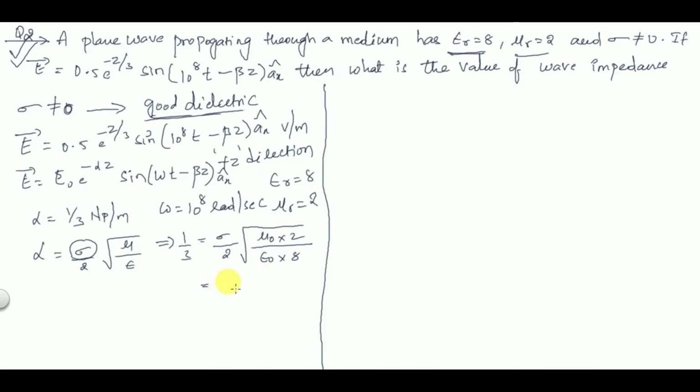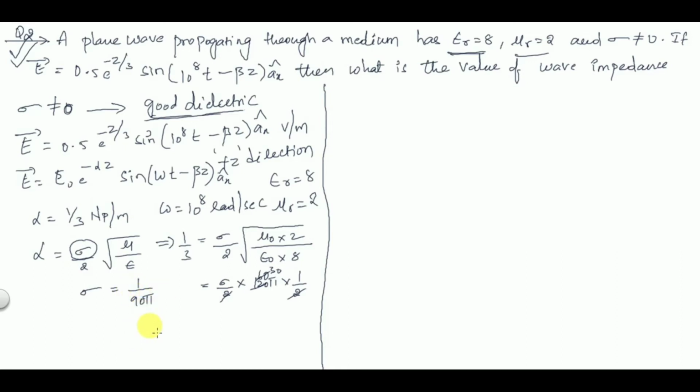It is 120 pi. So sigma by 2 into 120 pi into root of 1 by 4, which becomes 1 by 2. So 2 ones are 2, 60s are, and 2 ones are 2, 30s are. So sigma is equal to 1 by 90 pi.